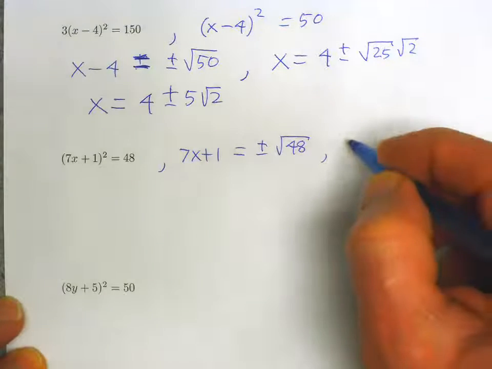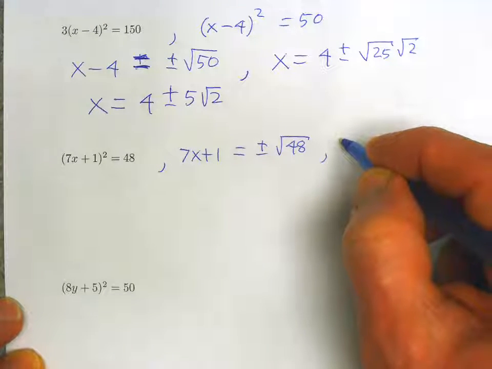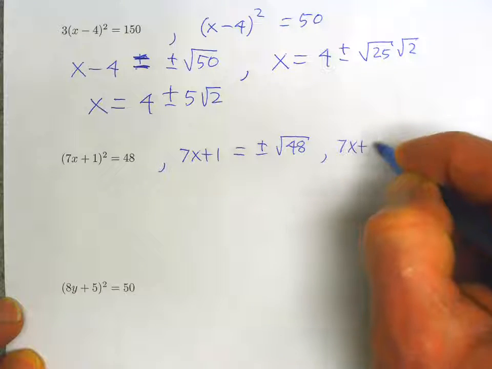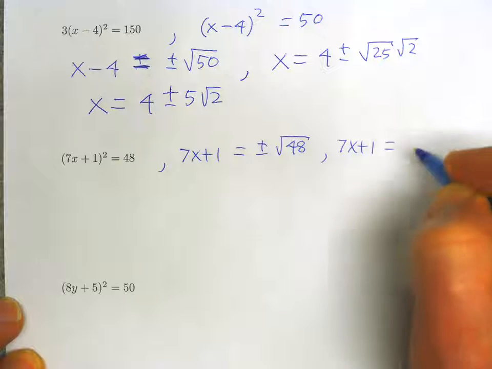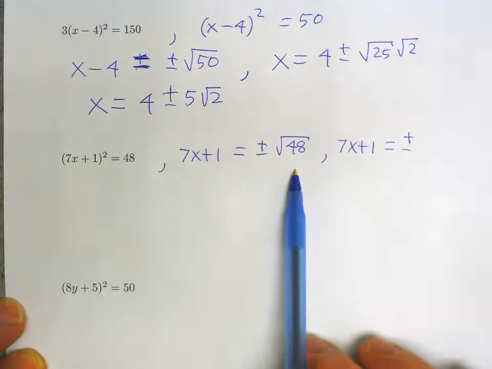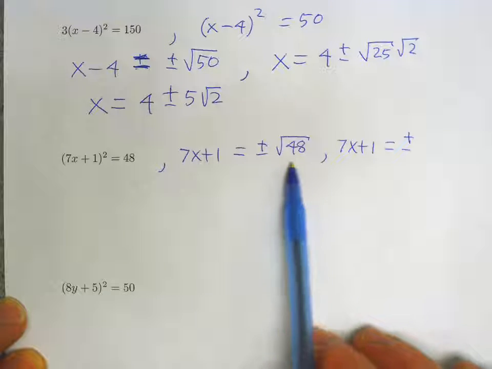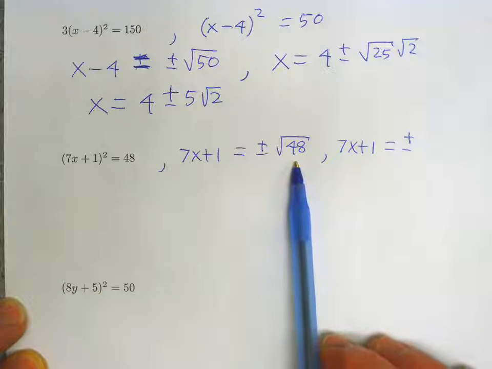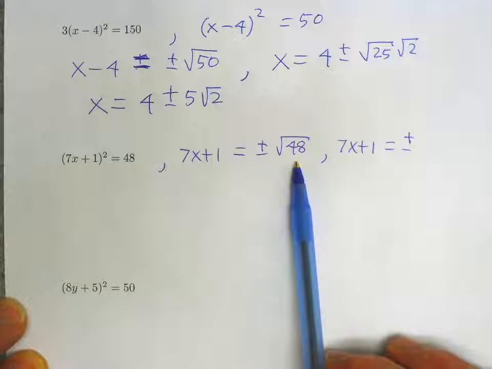Okay, so I'll write a little more detail than is absolutely necessary. I'll just leave 7x plus 1 on the left-hand side for now and work on simplifying positive and negative square root of 48. The largest factor of 48 that's a perfect square is 16. 16 times 3 is 48.